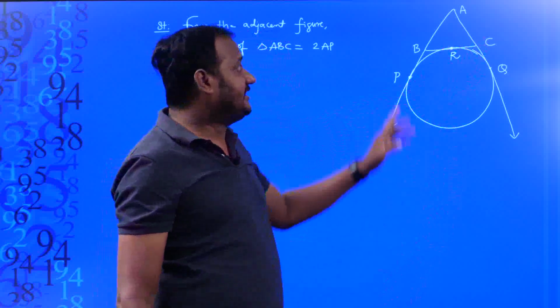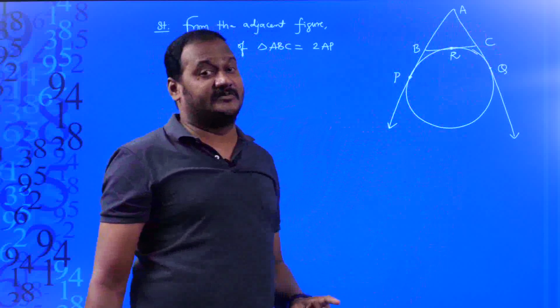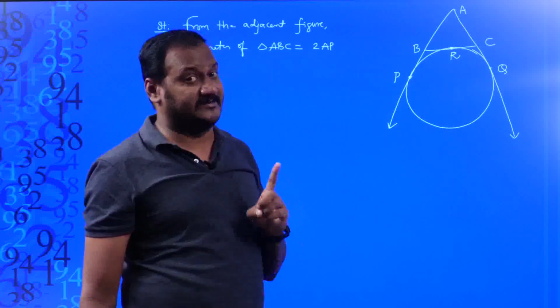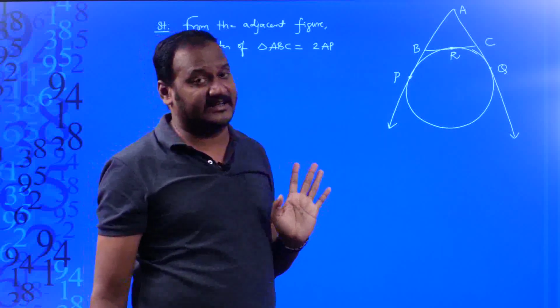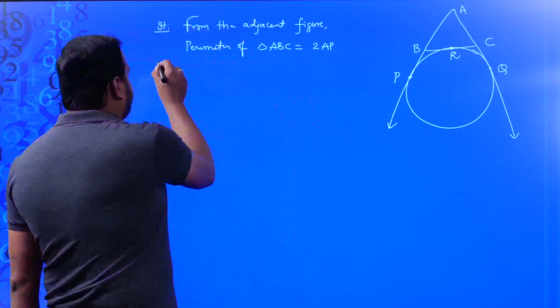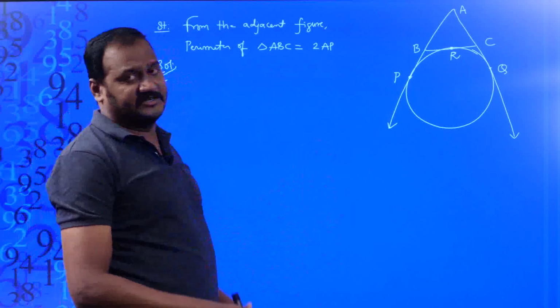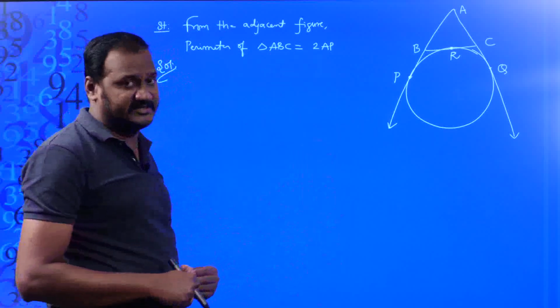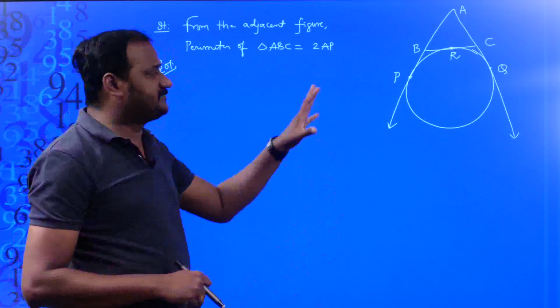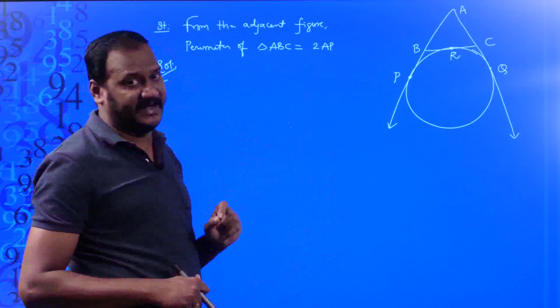So totally from A, B as well as C, we could observe tangents drawn from external points of a circle are equal. So let us try to write that information. In order to prove this perimeter of triangle ABC is equal to 2 times AP, these points are very much important and very much useful in fact.